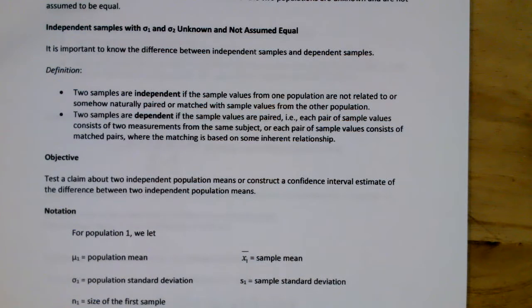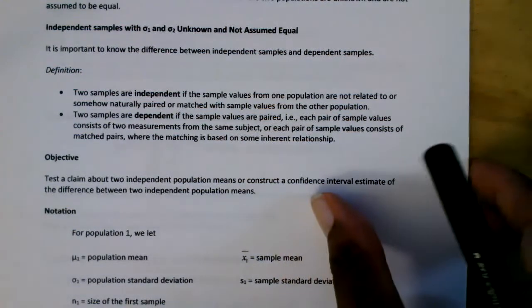That is, each pair of sample values consists of two measurements from the same subject, or each pair consists of matched pairs, where the matching is based on some inherent relationship. The dependent samples we'll look at in section 9.3, in the next video.